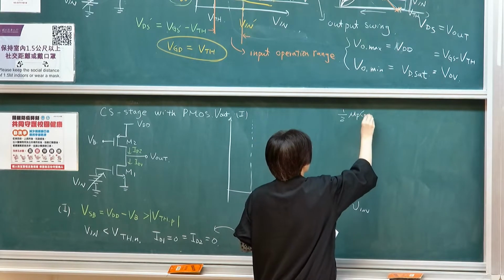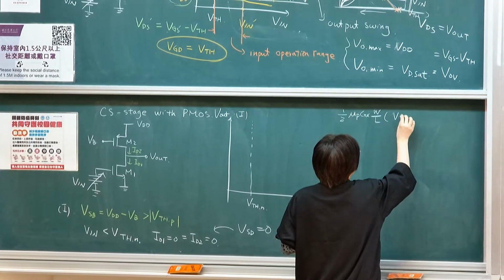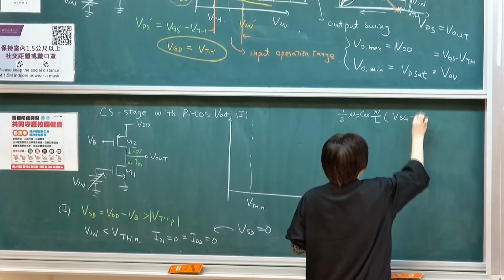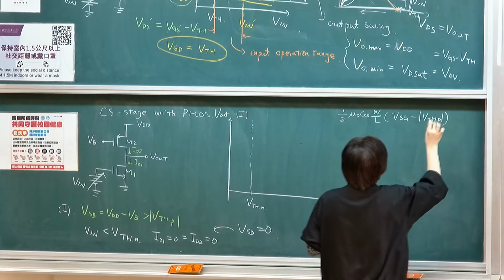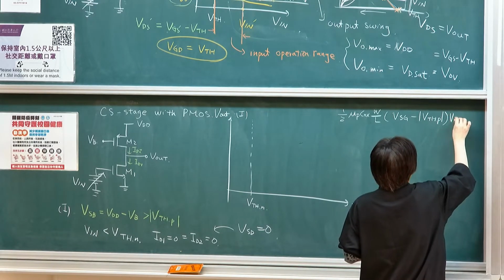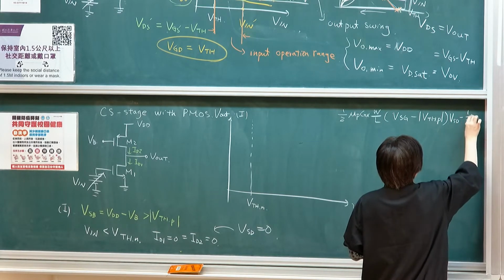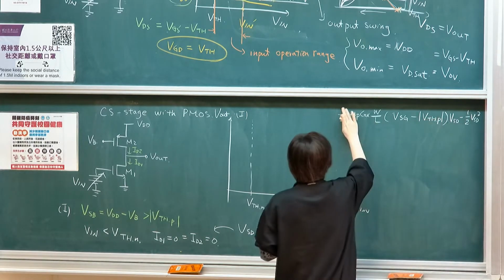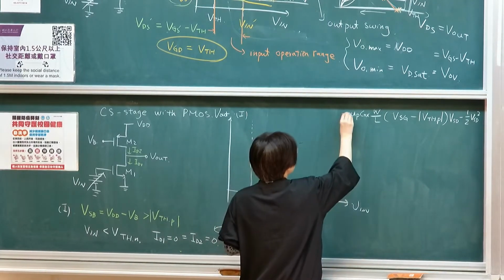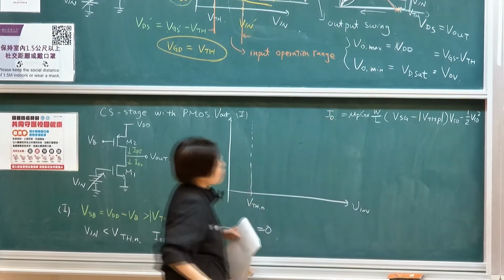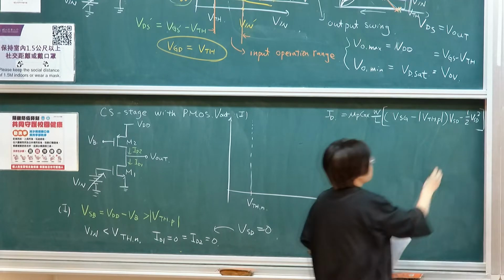If I'm writing down the equation of PMOS in linear region, it's (VSG minus VTHP) times VSD minus 1/2 VSD squared. Do I get it right? Supposedly it's right. Okay.